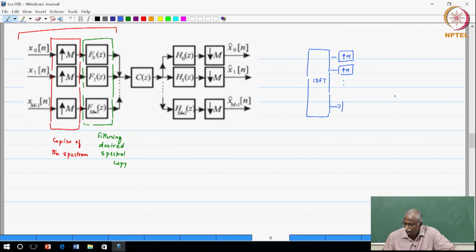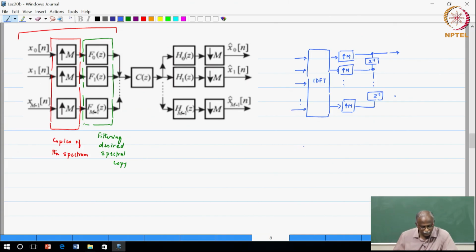The last branch also undergoes upsampling by a factor of M, and then they are gathered together by means of a delay chain. Okay. There is a delay chain which gathers them together. Okay, and we get a sequence of data that has been presented to the inverse DFT.